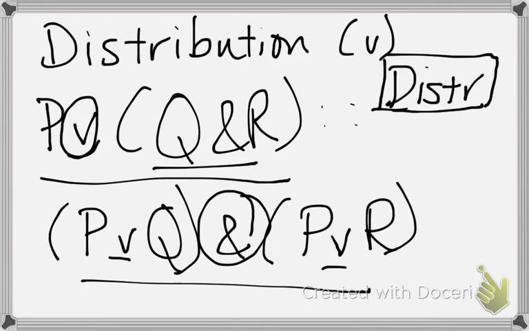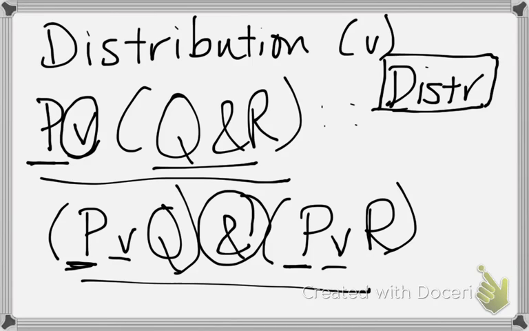So if you're working in the expanded version, you need to have the thing that's in common between the two sides of the formula be on the left-hand side. And if you're working in the contracted version, you always take what's on the left-hand side and you distribute that.